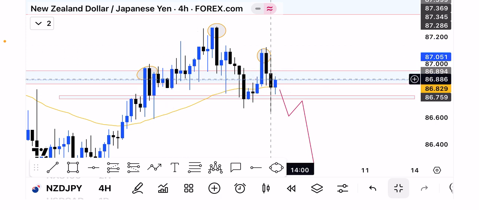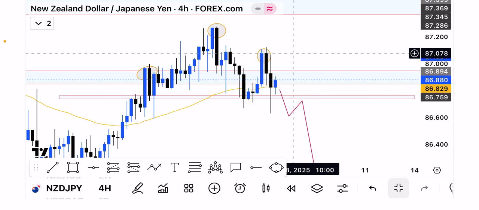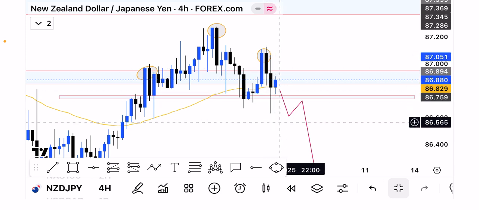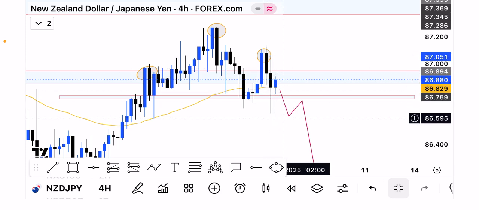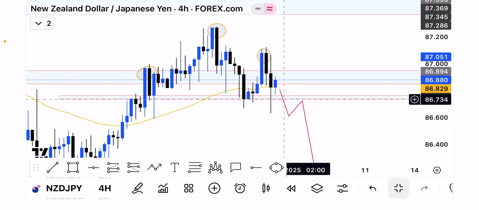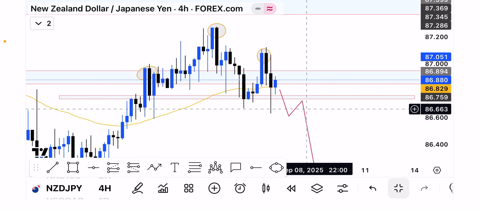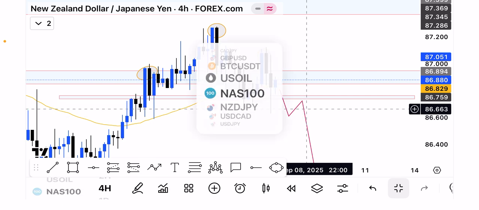The head and shoulder pattern always must break below the neckline before it is confirmed a valid head and shoulder. Right now this is not a valid head and shoulder. Once it breaks below the neckline and retests here, then I'll go to the lower time frame to look for short with other confluences.